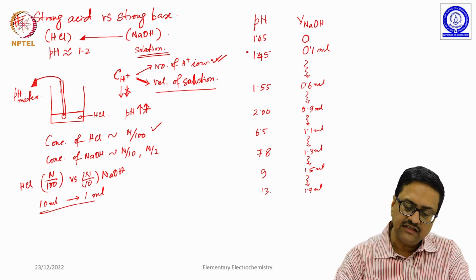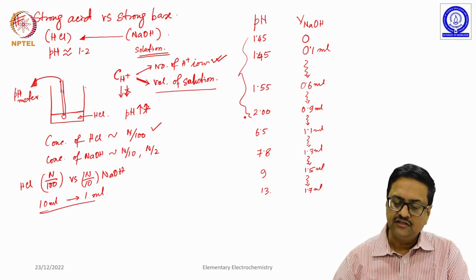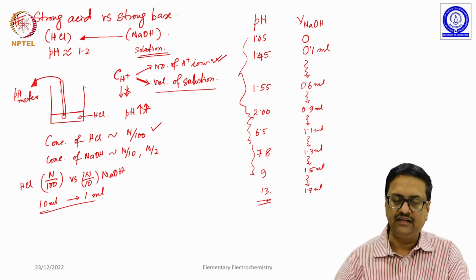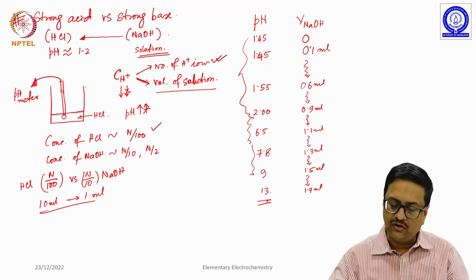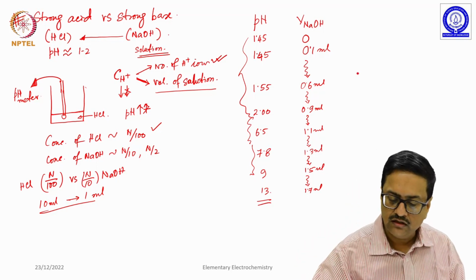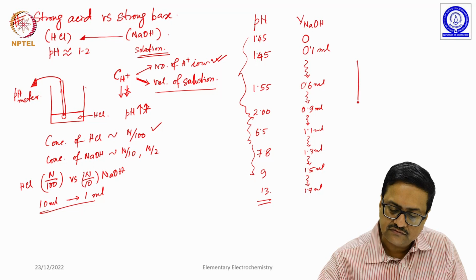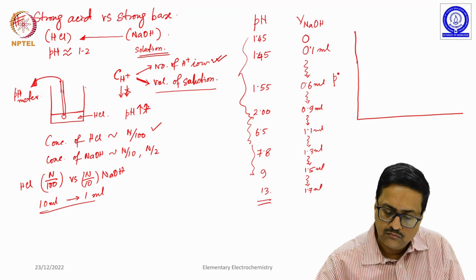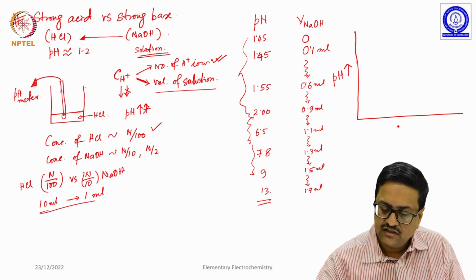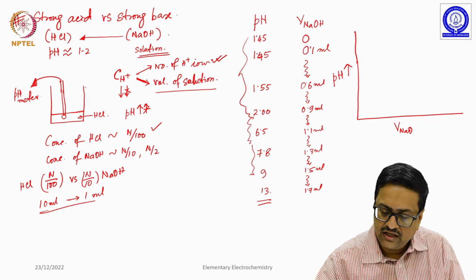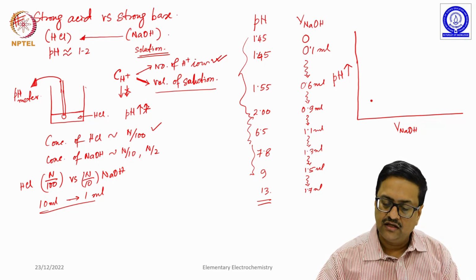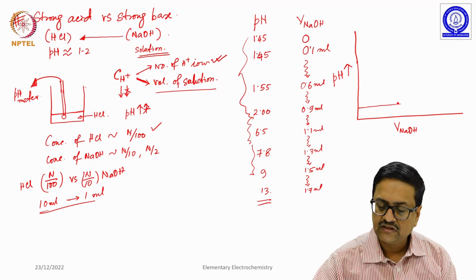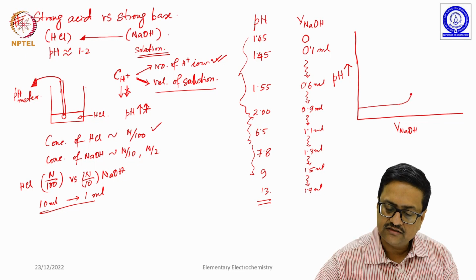So, what you see is that initially there was no increase much, then the pH started jumping and it has gone to a very high value and reached 13. So, when you try to plot these readings in a graph paper, if we just plot pH in the y axis and volume of NaOH in the x axis, you will see that the numbers are falling on a straight line in the beginning, and then towards the neutralization it increases.